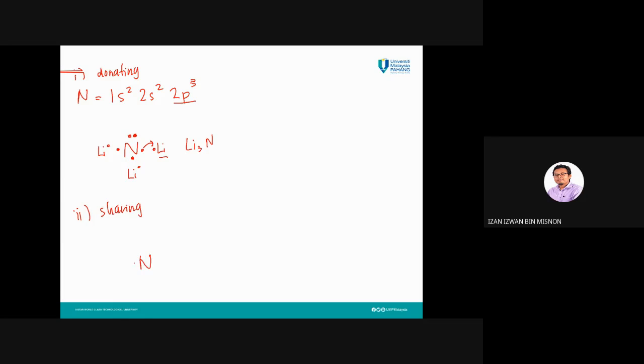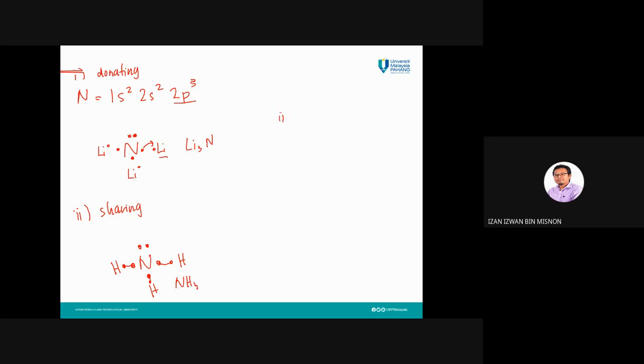Again, nitrogen has 5 electrons, so the 3 electrons from the 2p orbital may be shared with hydrogen. In this case, it is non-metal with non-metal. It will form bonds with three other atoms, forming an octet. So it will become NH3 and have 8 electrons to complete the octet.